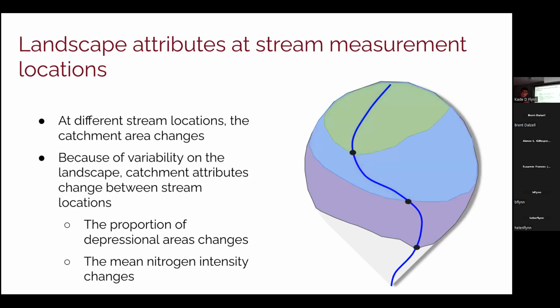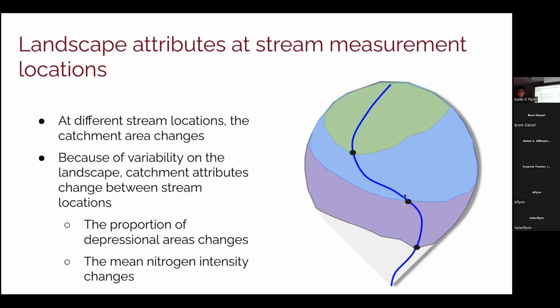Because there's variability in these landscape attributes throughout the watershed, the average conditions within each of these subcatchments, these colors, will change. For instance, if this green polygon has really high nitrogen input, but this blue polygon has a lower nitrogen input, you'll see a difference in the characteristics of the upstream drainage area at these different stream measurement locations.